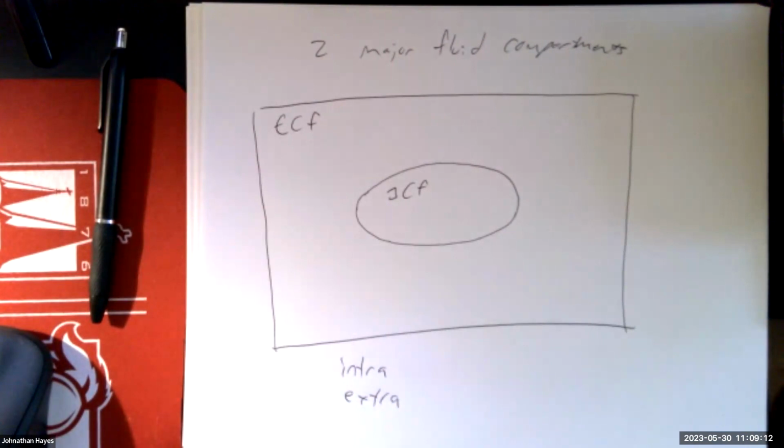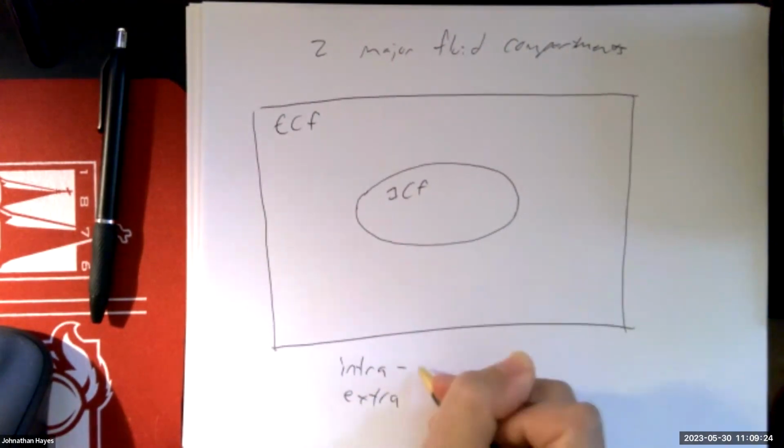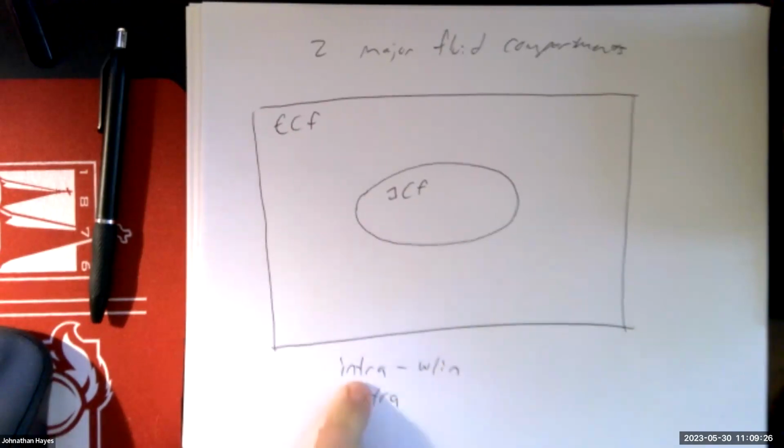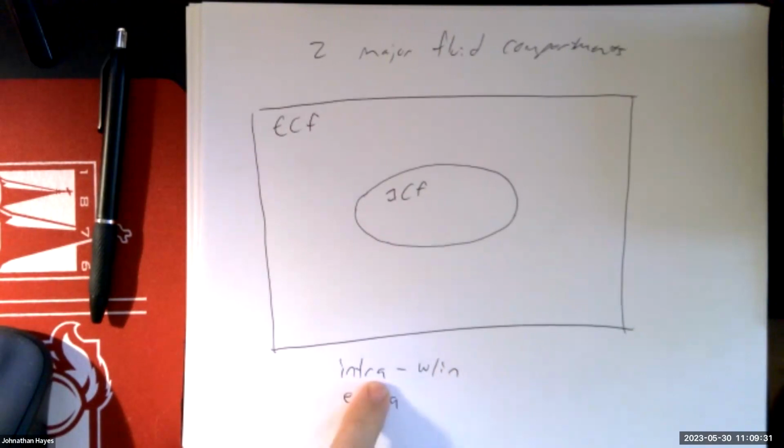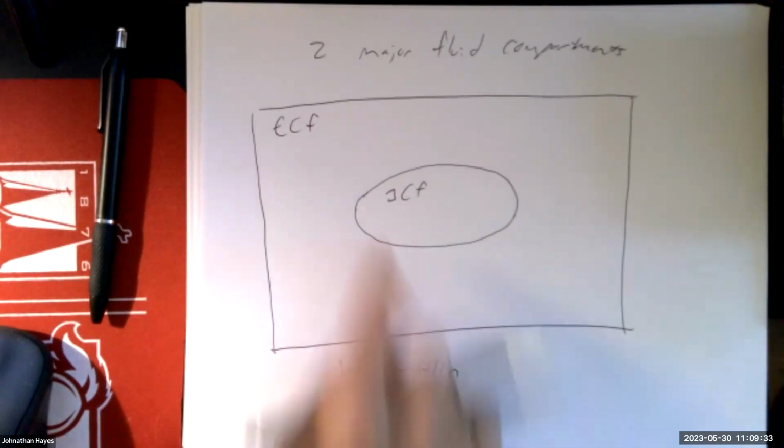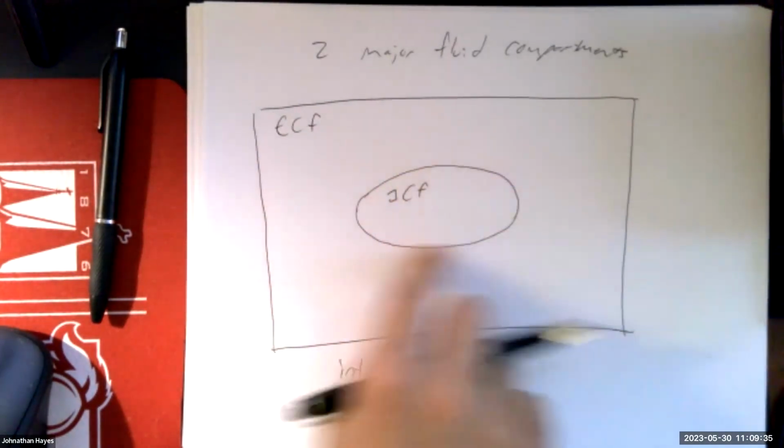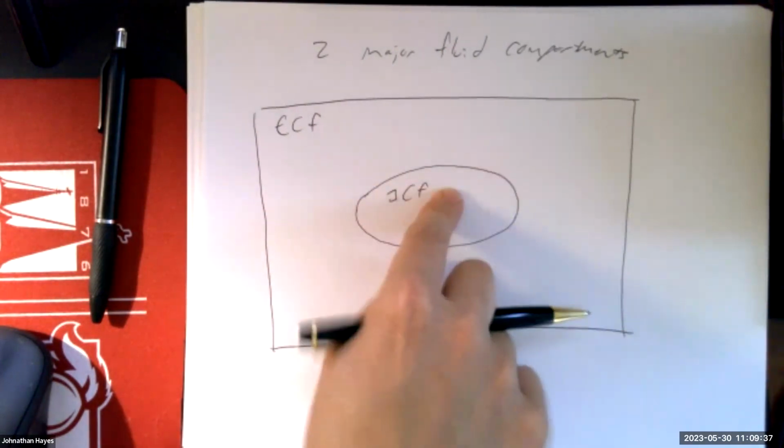And as elementary as this probably sounds, this is the crux of all physiology. This is how all physiology is going to work. Intra means within. That's just what the word intra means. Like inter means between, but intra means within. So intracellular fluid compartment is the fluid we find within all the cells of the body, right?